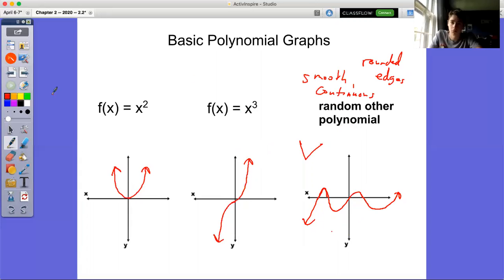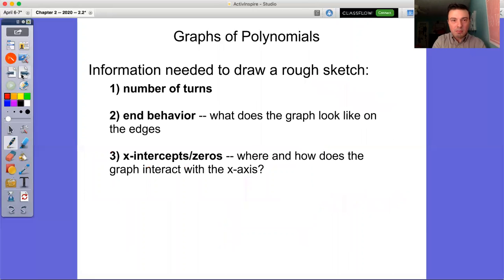Okay, so what we're going to be doing today basically is figuring out from the equation of a polynomial, we want to be able to draw a rough sketch. And to do that, we need 3 pieces of information. We need to know how many turns it has, the number of turns. We need to know its end behavior. And we need to know what its x-intercepts and zeros are.